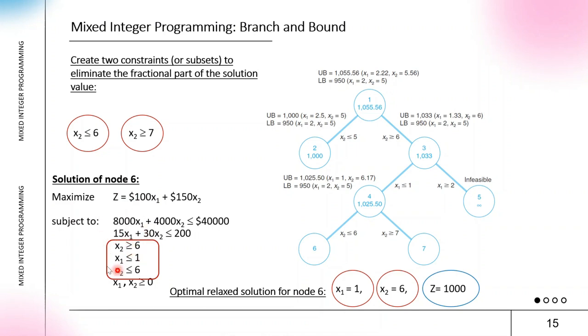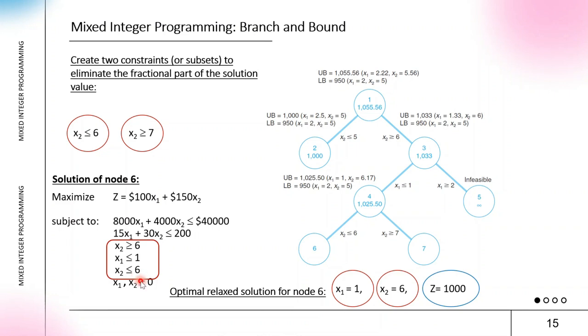On this side of the slide, we have the relaxed LP form of the optimization problem at node 6. As we can see from this problem, we have three additional constraints that are relevant to nodes 3, 4, and 6. Solving this relaxed LP form gives an optimal solution.